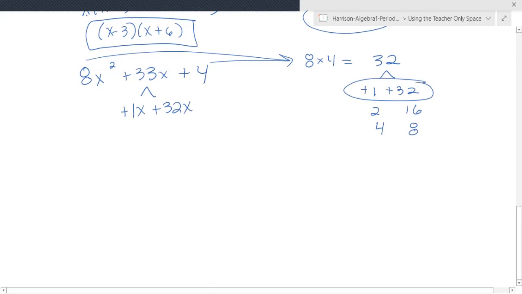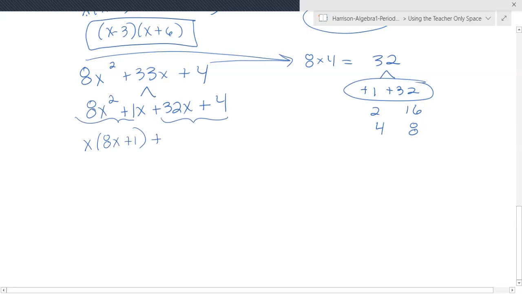Now, usually in class, someone asks at this point, what if I wrote them in the opposite order from you? It will still work. It will give you the same answer. All right, so you rewrite the middle term, factor by grouping. So for 8x and 1x, all I can factor out here is an x, and that leaves 8x plus 1.